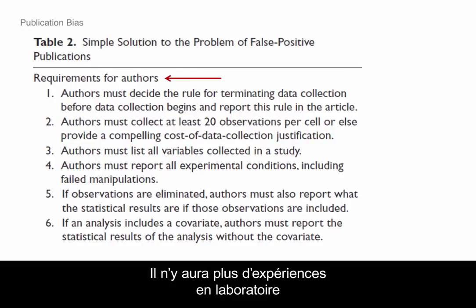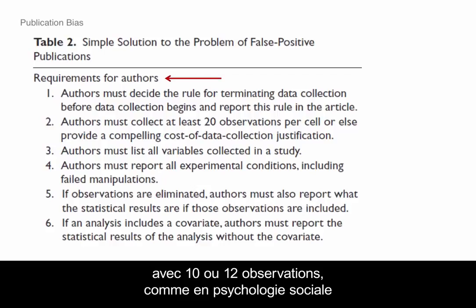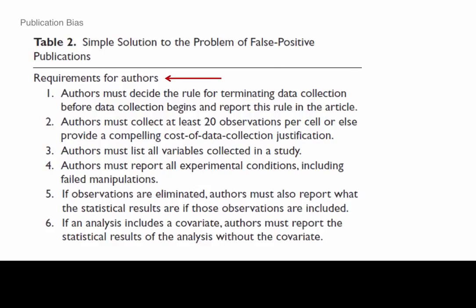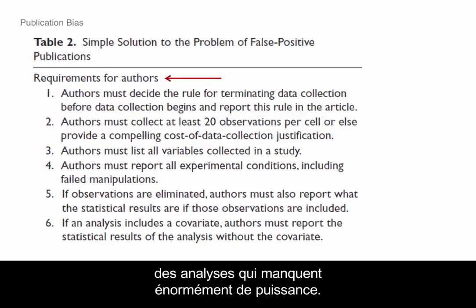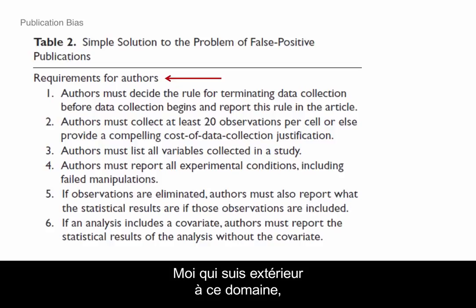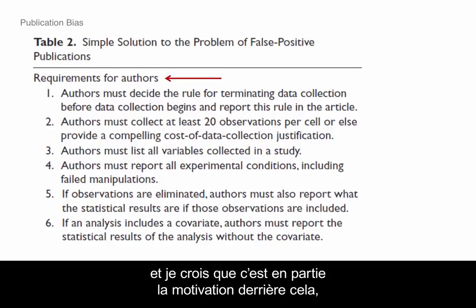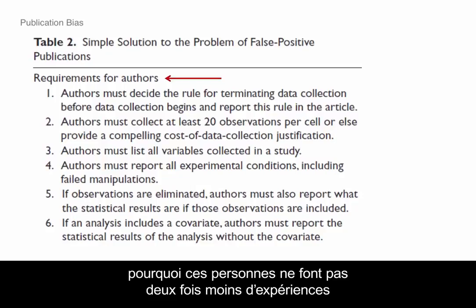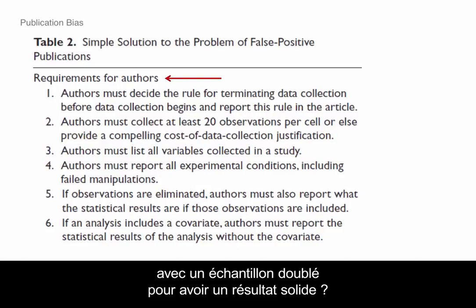So no more of these, like, I'm going to have 10 or 12 observations, which in lab experiments in social psychology and even some branches of experimental economics happens. Massively underpowered analyses. And for me as an outsider to this literature, I have always asked myself, and I think that's part of the motivation for what they're doing, why don't these folks do half as many experiments and have twice as big a sample size to actually say something definitive?